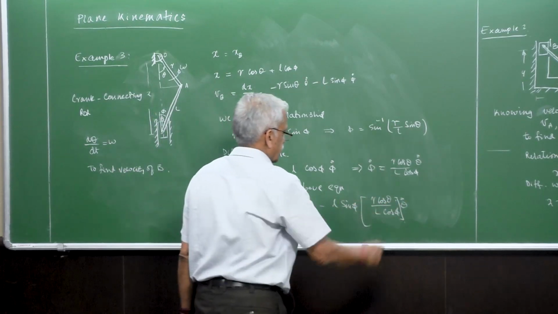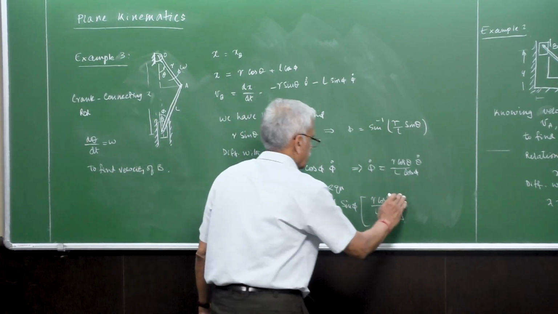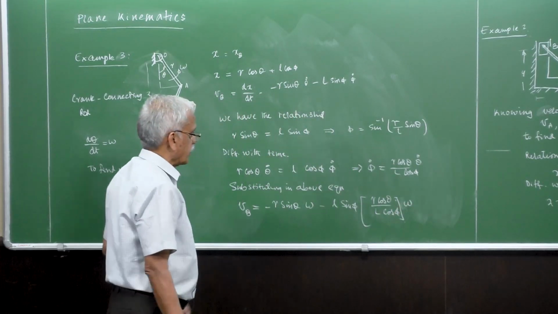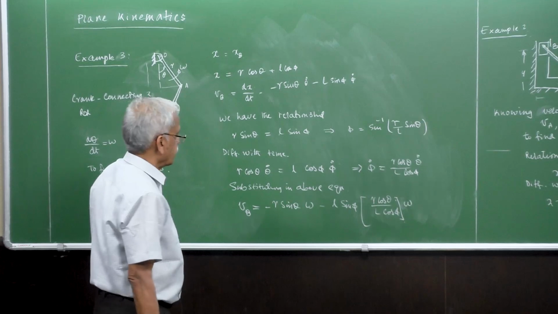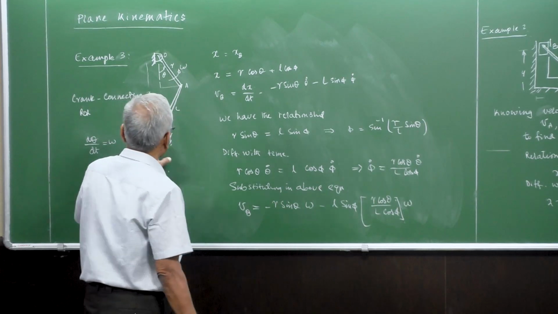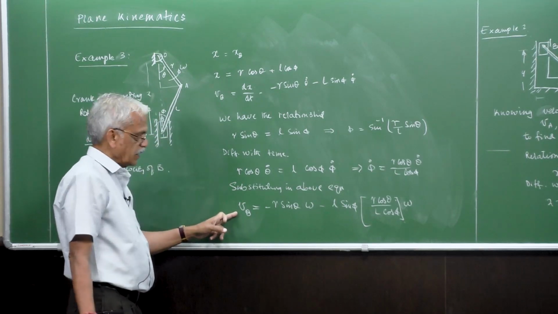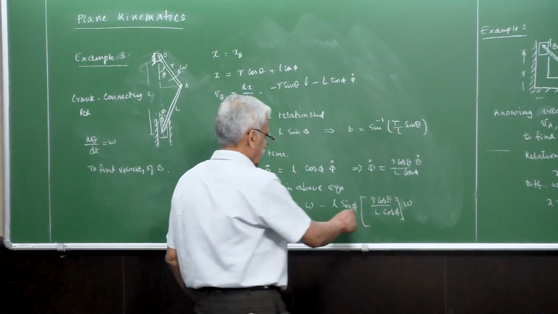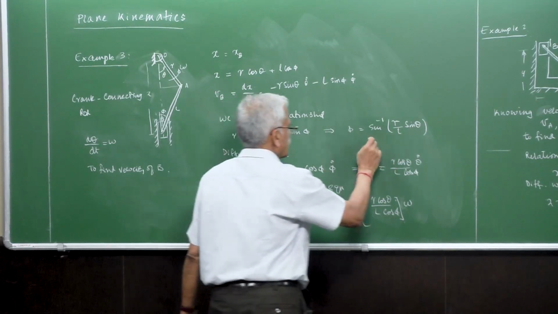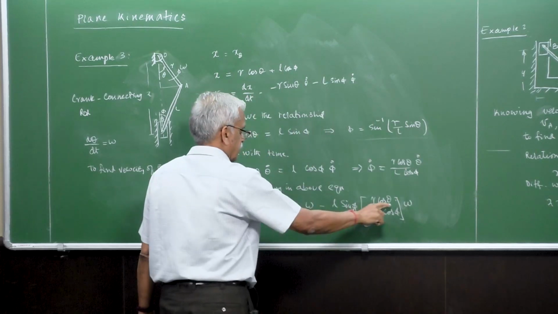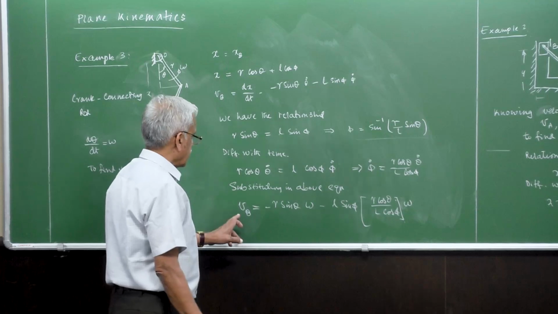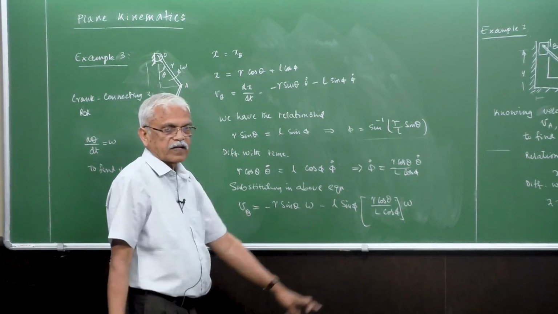Okay. So this also can be replaced by omega. So given omega, we can find out the velocity of the piston as this. So given a theta, you can find out phi from this relationship, and then substitute phi into this relationship to get VB in terms of omega.